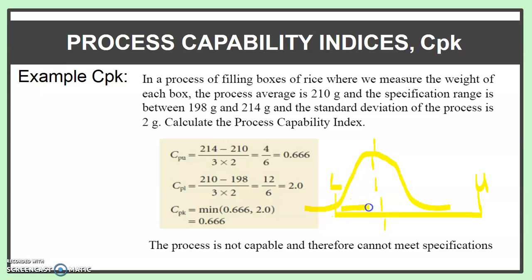The distance here is 0.666. The distance from here to here is 2.0. So this is not capable because this is a defect. Therefore, we conclude that the process is not centered, so it's not capable because it is out of the specification limit. Then it cannot meet the customer requirement. Understand?